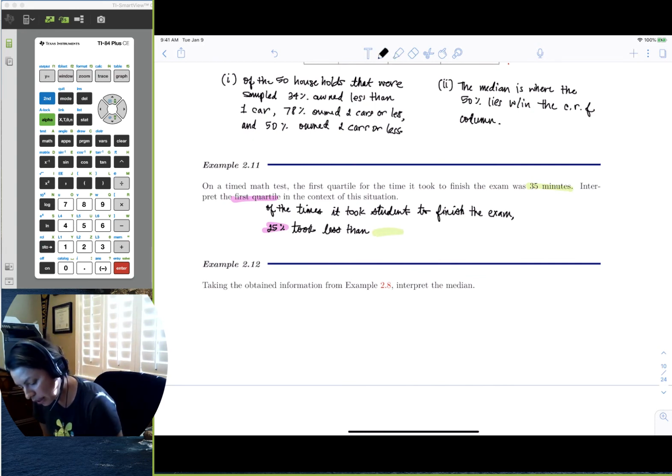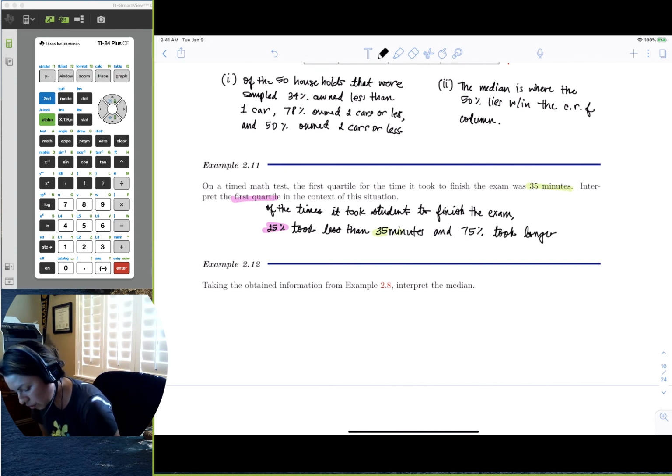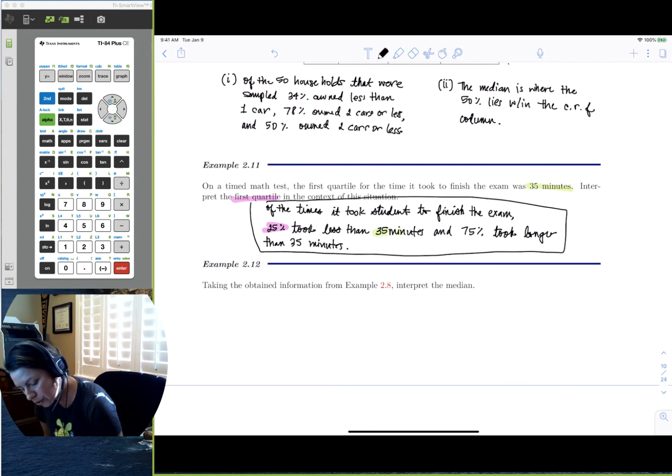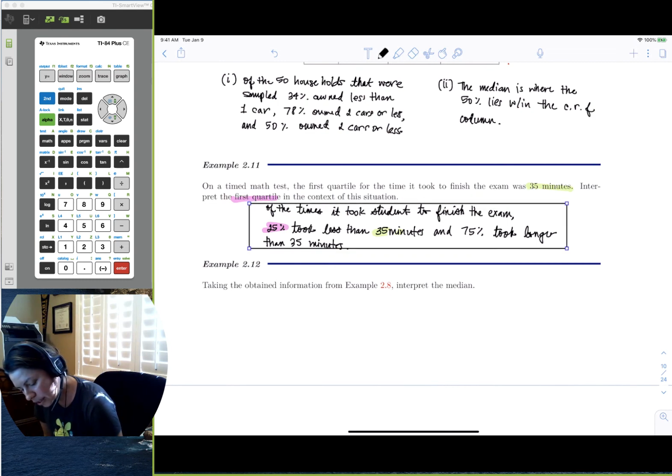So this would mean less than 35 minutes, and 75% took longer than 35 minutes. So again, we just really want to be able to interpret this in context of the problem.